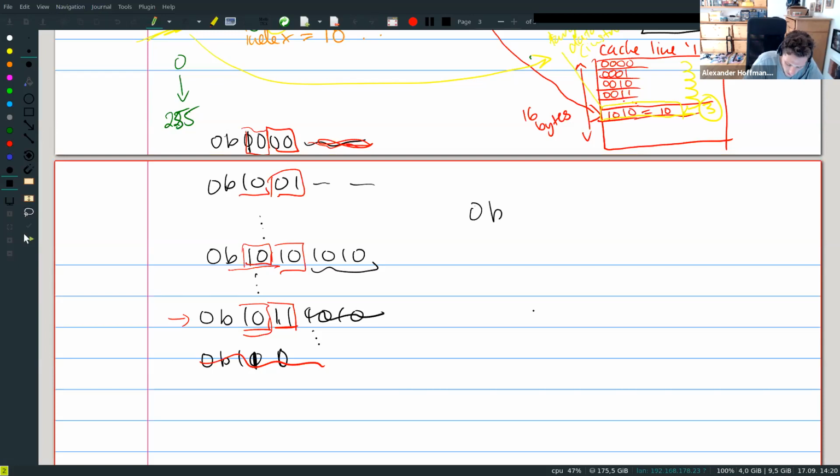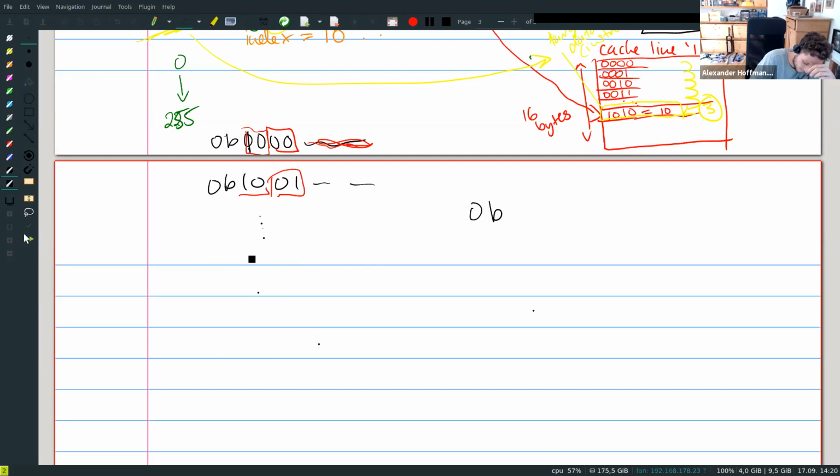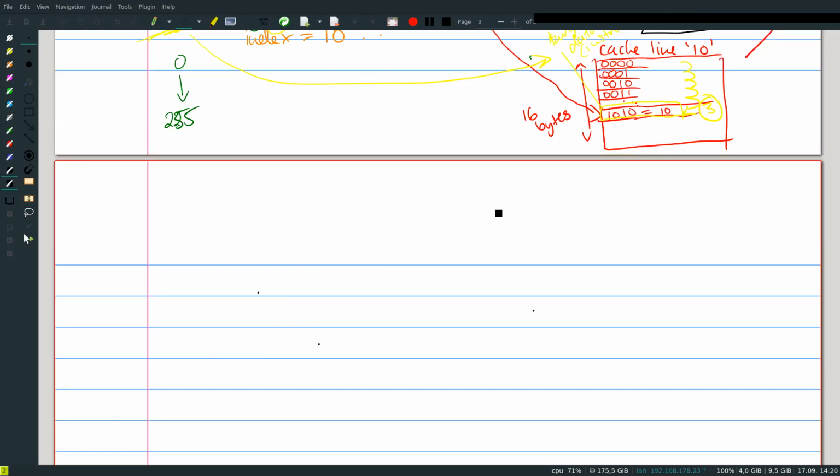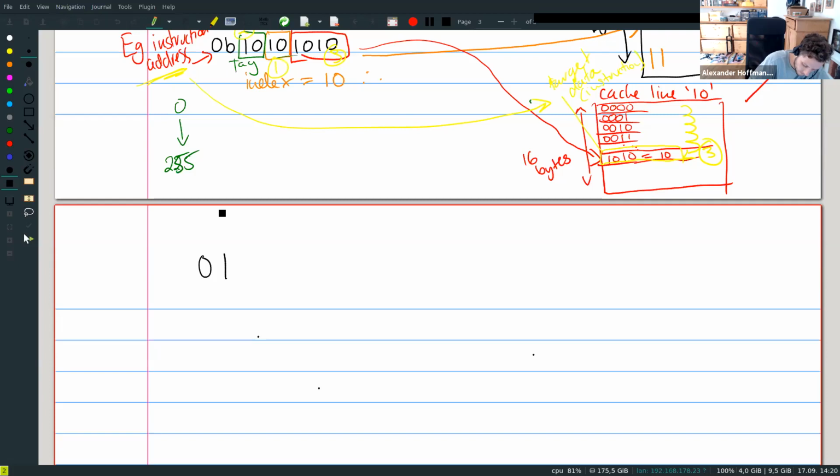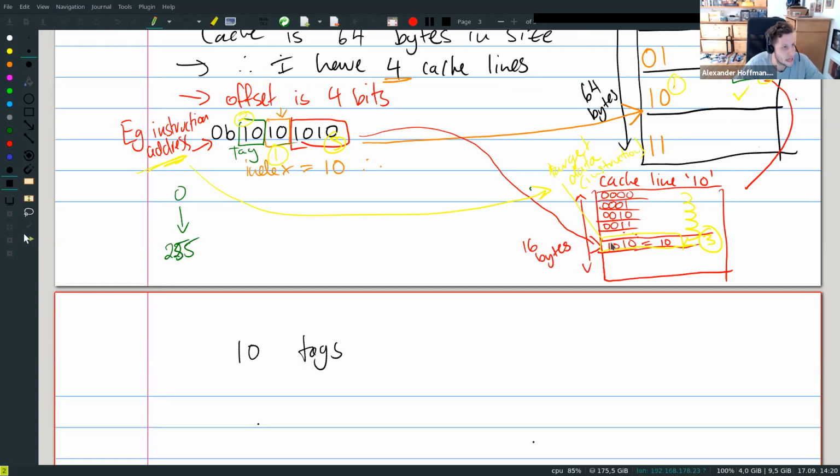If we expand this even further, look at these addresses here. We have 0B. We're interested in the addresses that have the 10 tag. Let's delete all of this to make it really clean. So we want the 10 tag. Now we know that our cache lines are 16 bytes.